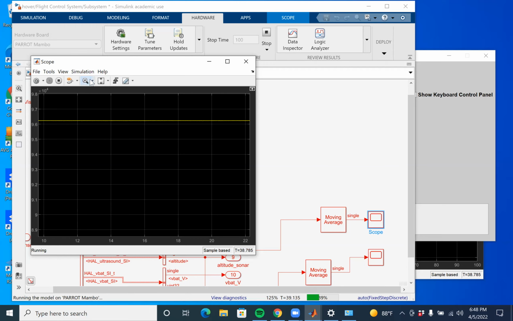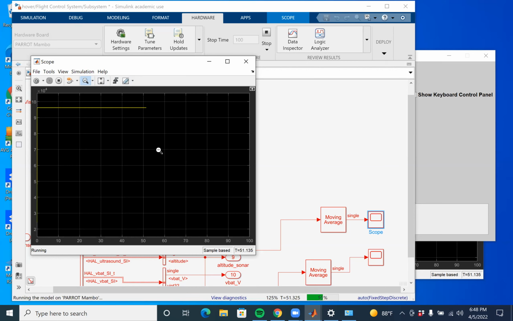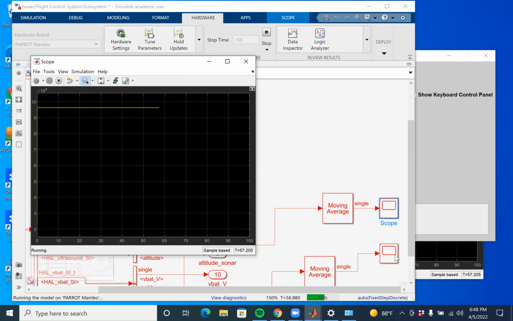Zoom out. So you will see that the data is fairly stable, so the noise will be minimized.